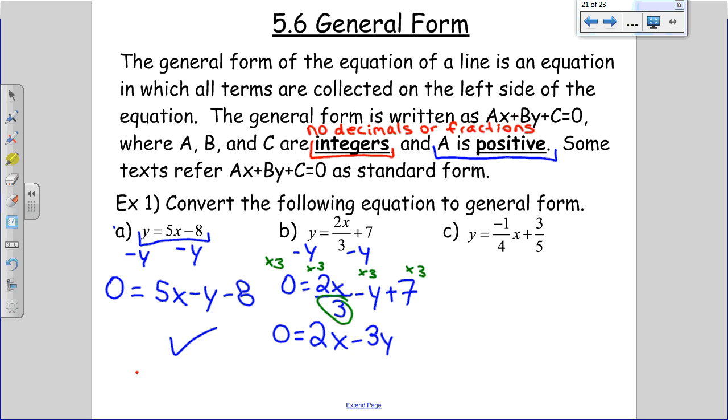Imagine there was a 1 in front of that y, so 1 times 3 would be 3. Plus 21. All right, you're out of fractions now. So the last thing to look for is, do you have a negative a value? You don't. It's positive 2. That thing is general form.